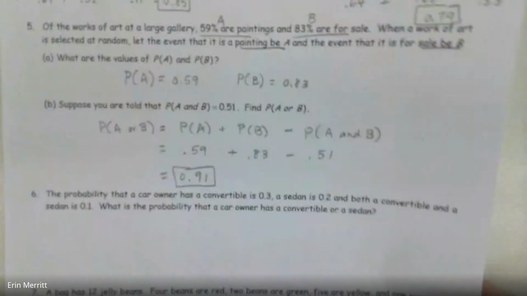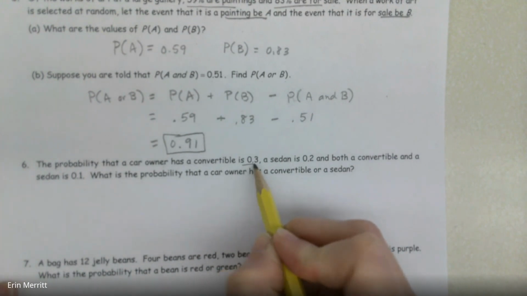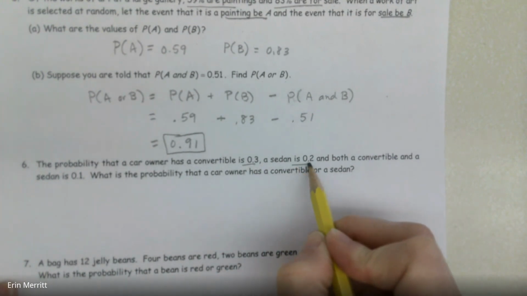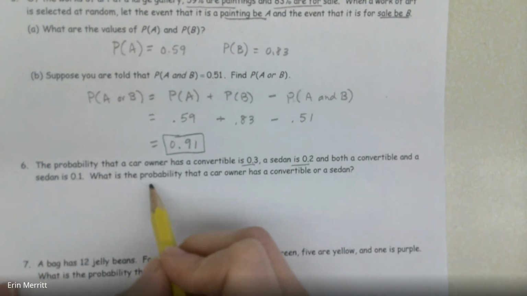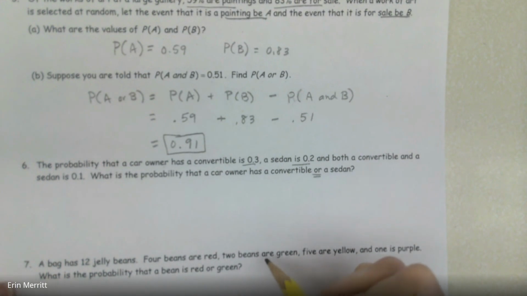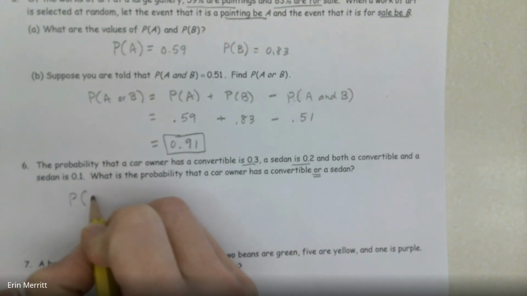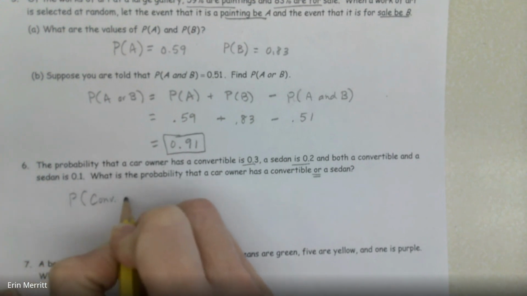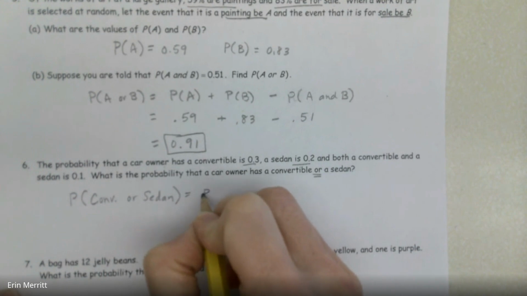All right. Probability a car owner has a convertible is 0.3, a sedan is 0.2, and both a convertible and a sedan is 0.1. What is the probability that the car owner has a convertible or a sedan? Same thing. Keep following that rule.